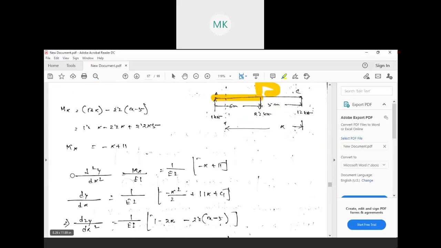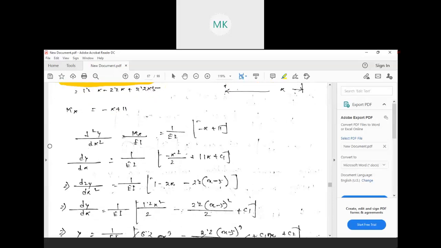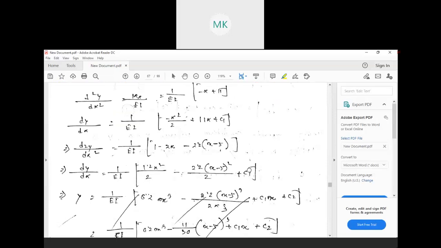Again similarly, when you take the moment, just use it in the calculation. Again you need to do d square y by dx square using simple calculation.